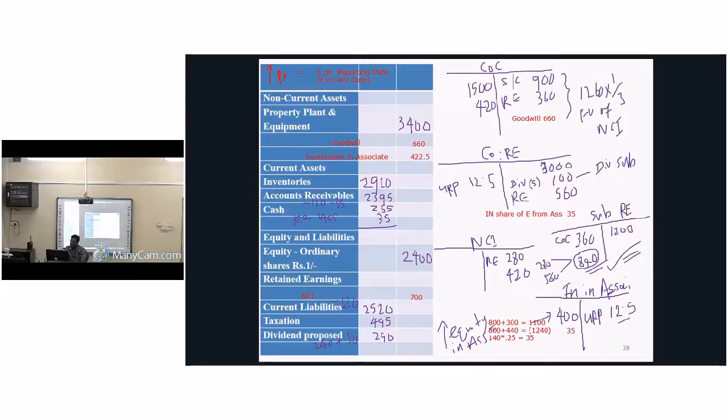We have taken the balance sheet as investment in associate. And what else? Consolidated retained earnings. This is group. How much is it? 3000 plus 100 plus 560 minus 12.5, 3647.5. Now this should balance. Let's see.